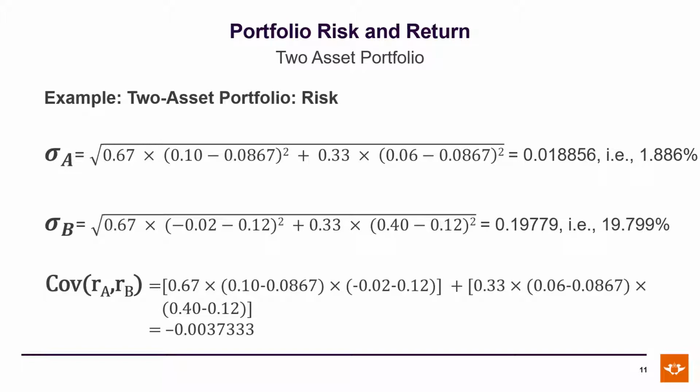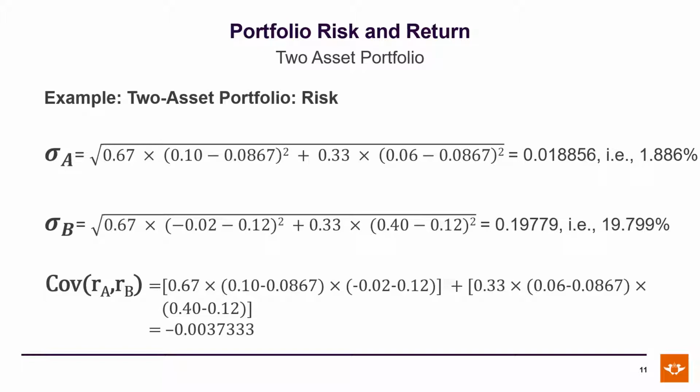Now, instead of doing two separate calculations for the variance and the standard deviation of each asset, we're actually just going to calculate the standard deviation. And we know that the standard deviation is the square root of the variance. And we know that when we're calculating our variance, we look at the squared differences between the return and the mean, and we multiply that by the appropriate probability.